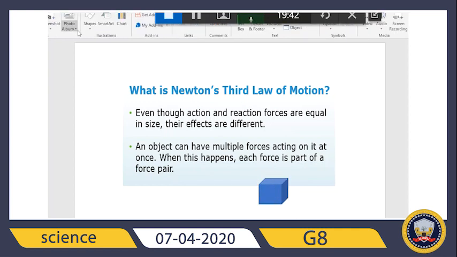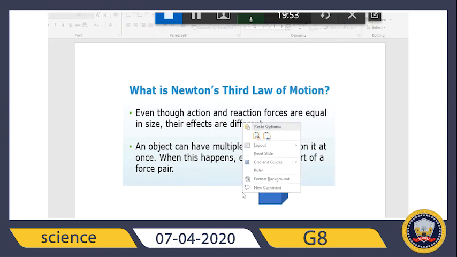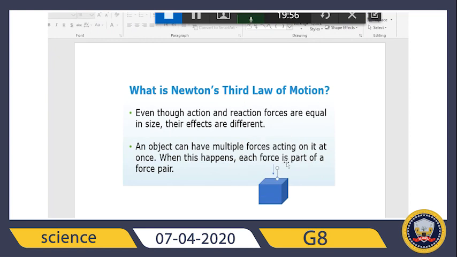Okay, so if we have a force that is pushing this way downward, at the same time we will have another force, but this force will be acting in the opposite direction, this way. So this is our first force pair.